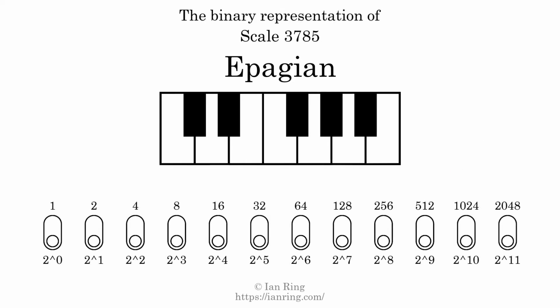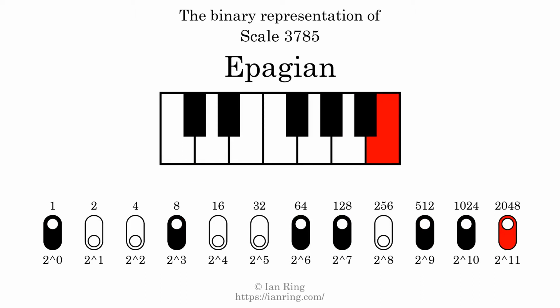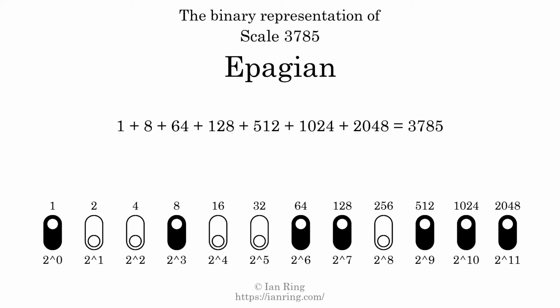The binary representation of this scale is determined by mapping tones of the scale to binary digits. Each binary digit represents a power of 2. To get the scale number, we add the powers of 2 together. The powers of 2 that are present in the scale, all added together, equals 3785.